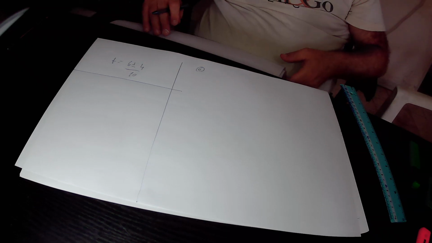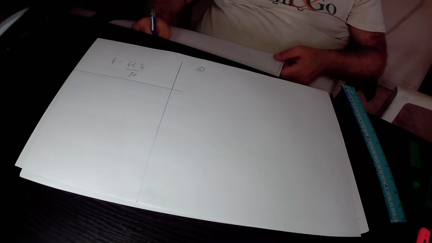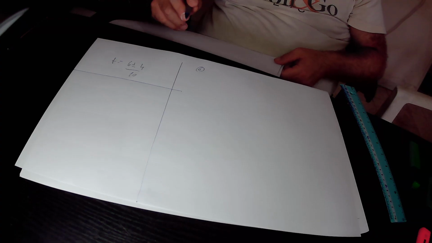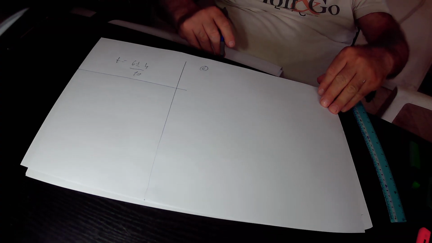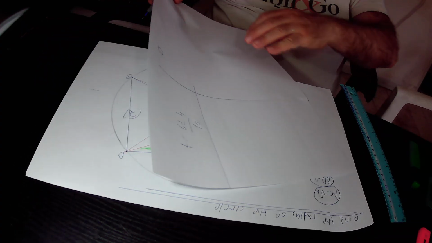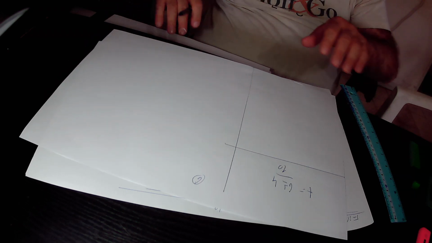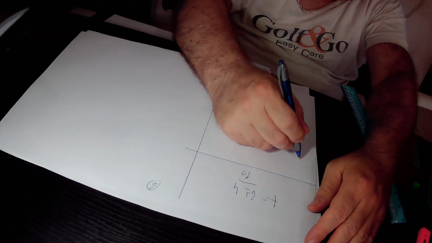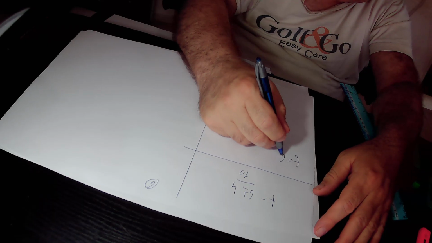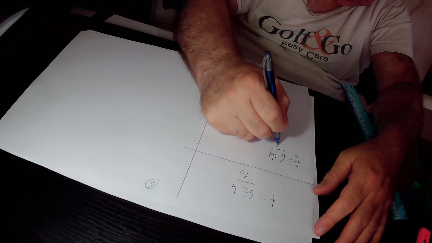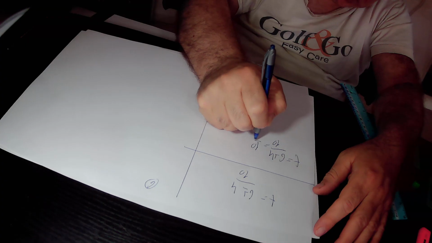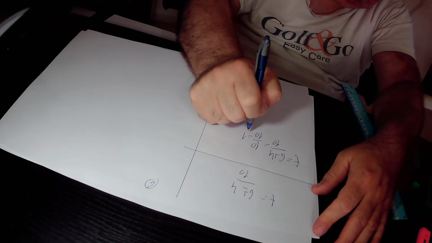So here we have two solutions that are possible for t. The first solution for t is that t equals 6 plus 4 over 10. 6 plus 4 is 10, and 10 over 10 is 1.